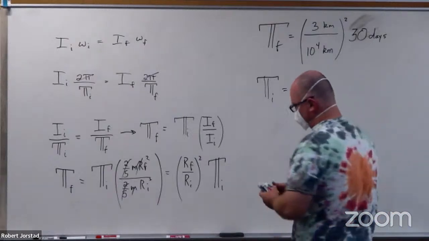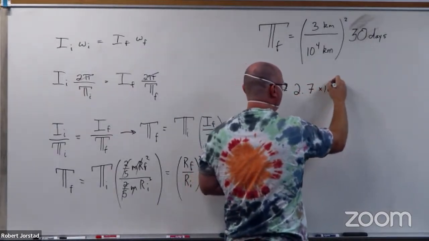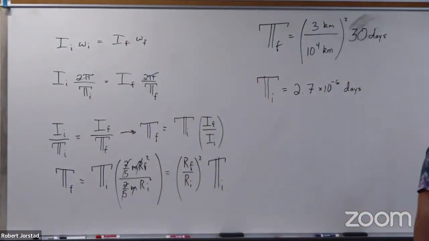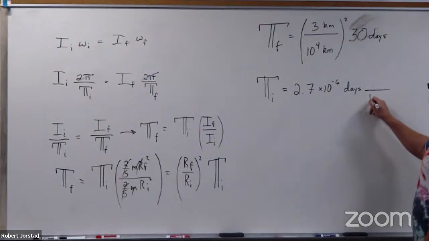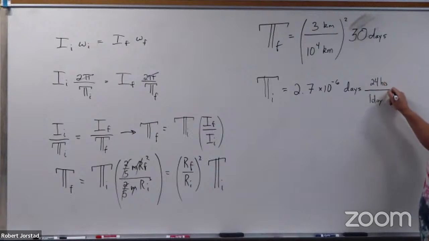2.7 times 10 to the minus 6 days is not a very convenient unit, right? So maybe what we could do is convert this into seconds. 1 day, 24 little hours, approximately. 1 hour, 3,600 seconds.